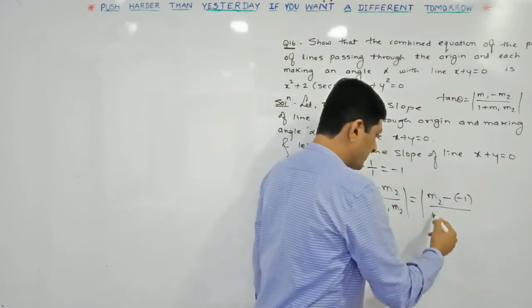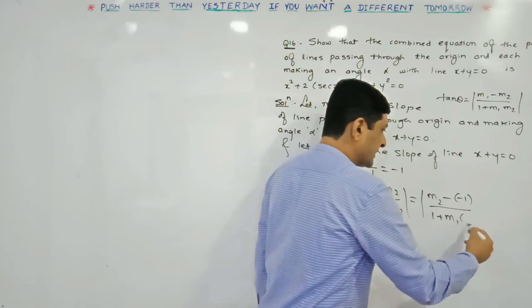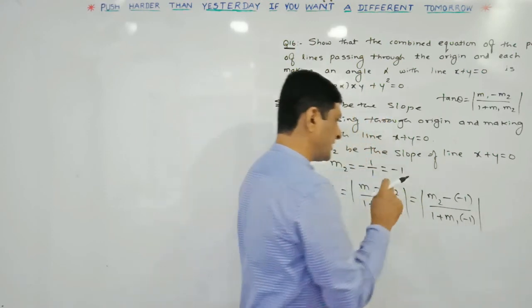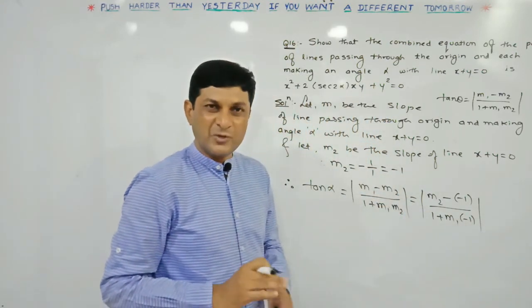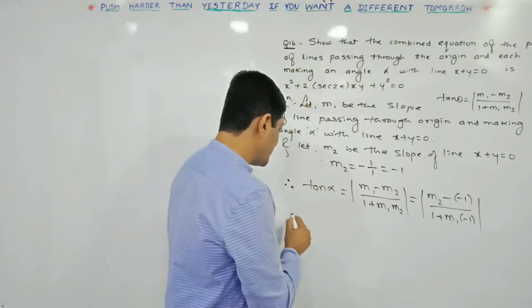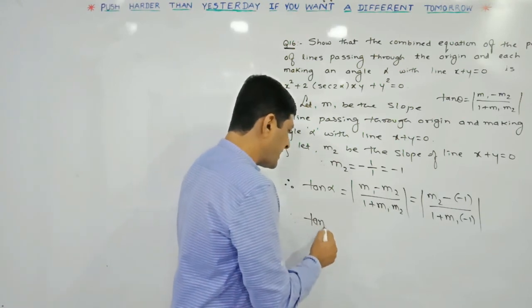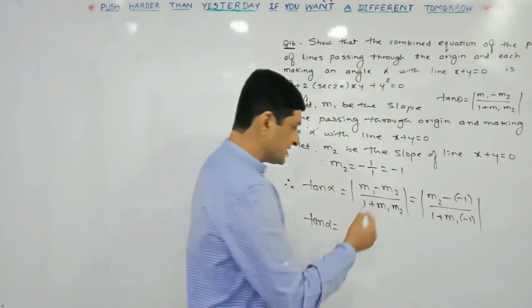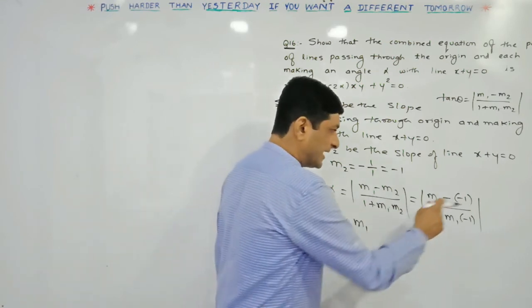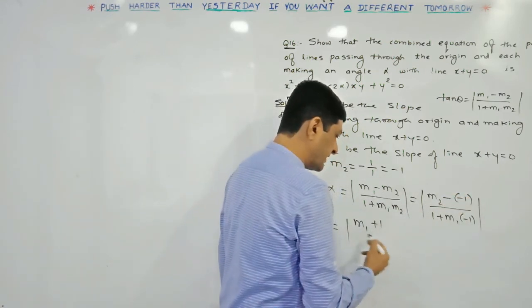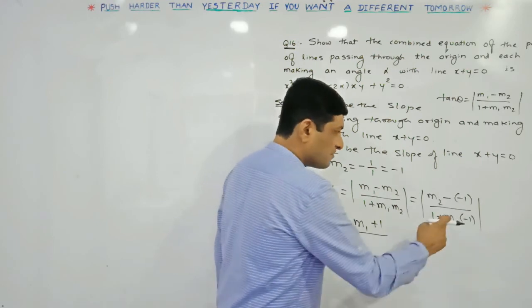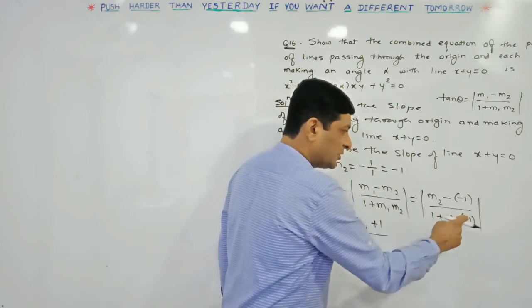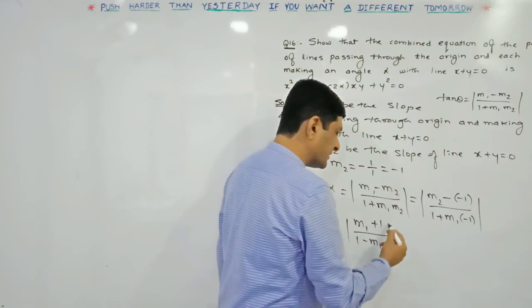In the denominator 1 plus m1 keep it as it is, again replace m2 by its value minus 1. So therefore tan alpha keep it as it is. On this side we will get m1, minus into minus will become plus 1, divided by 1 minus 1 into m1 will be minus m1.